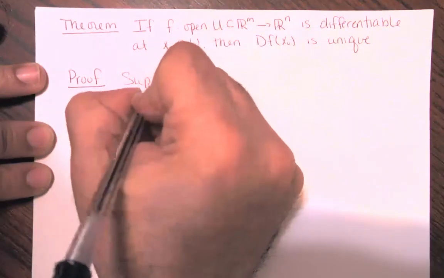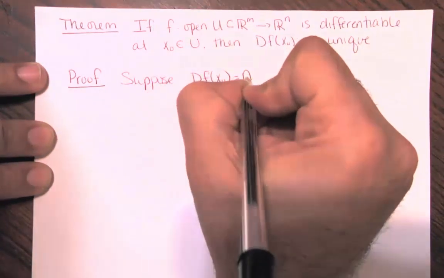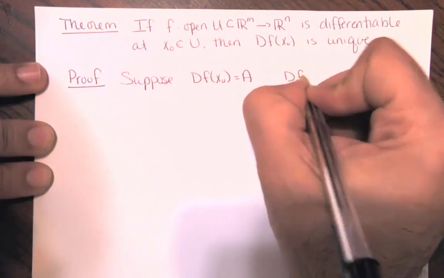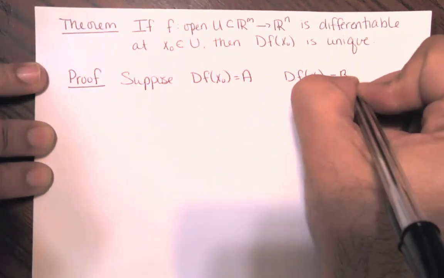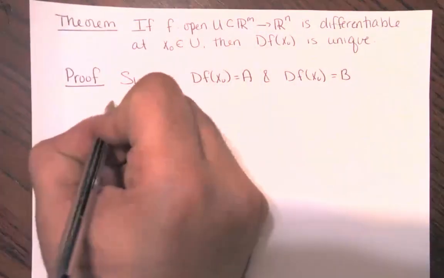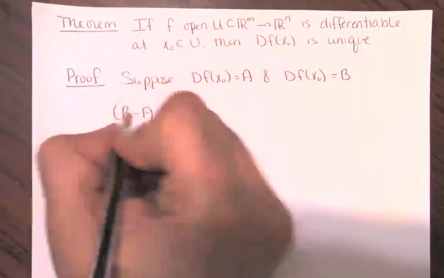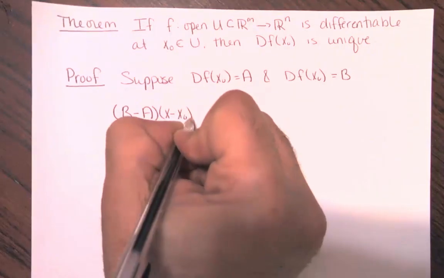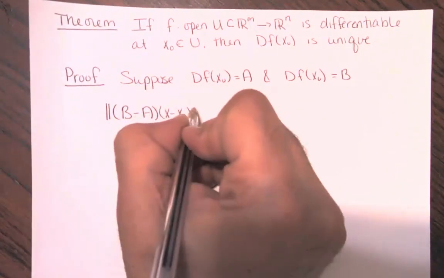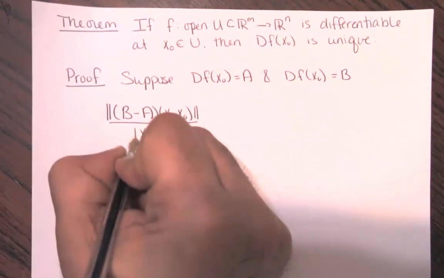Suppose that the derivative is equal to a matrix A, and the derivative at x naught is equal to a matrix B. So let's consider the norm of B minus A times x minus x naught, divided by the norm of x minus x naught.